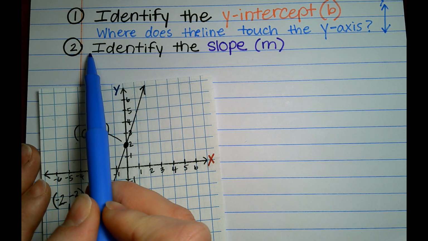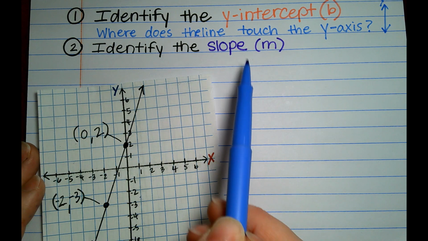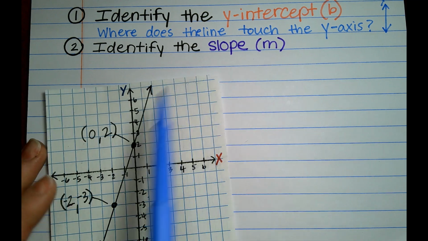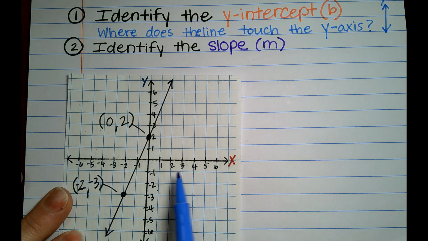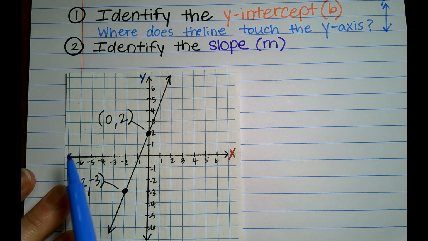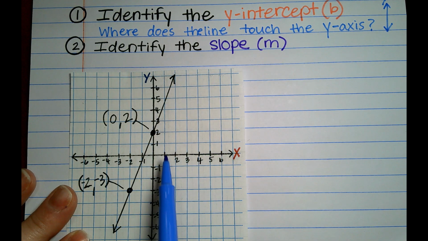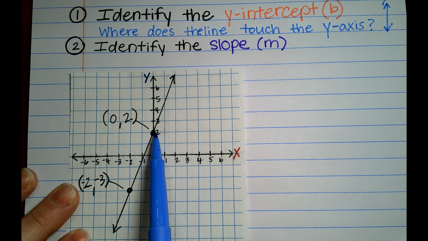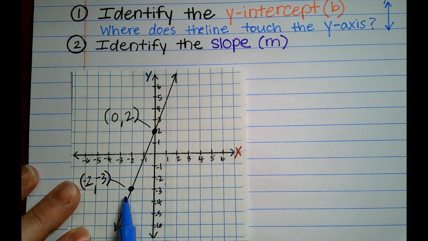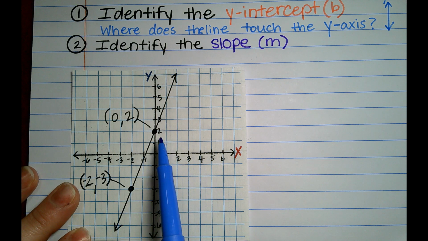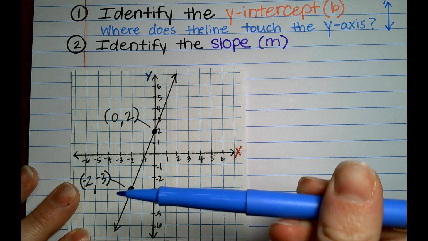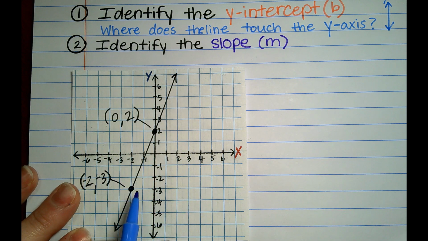I read identify, then slope. That's left to right. Whenever we are reading a graph or a math problem, we're also going to go left to right. So even though we would eventually find our y-intercept here, when we count the slope, we want to start from the point that is the farthest left. So we would start with this point.